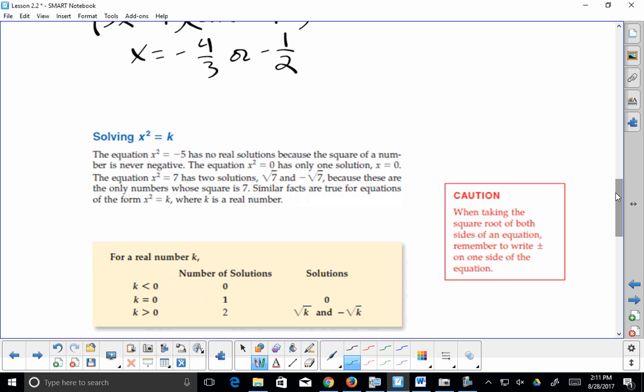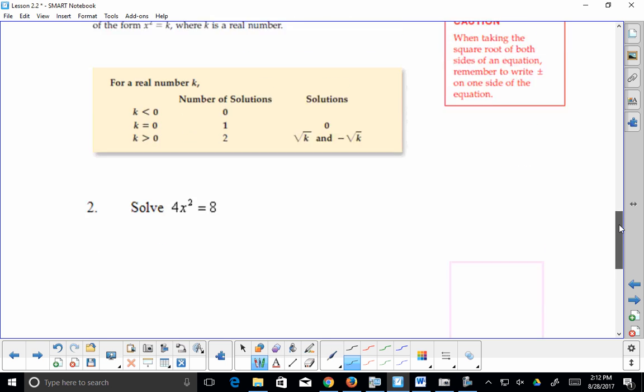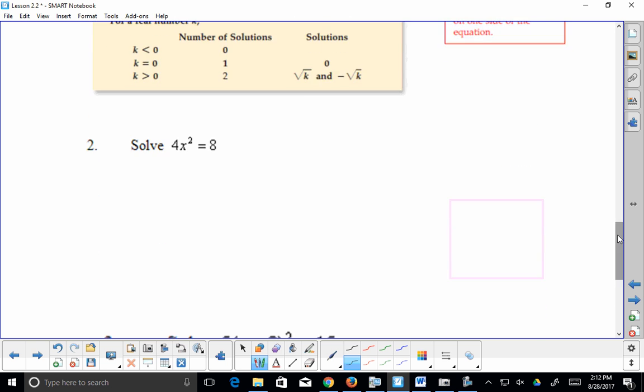Solving x squared equals k. A reminder is that we're either going to get one solution, or you could get two solutions, or there would be no real solution. We cannot take the square root of a negative number, so those would give us non-real solutions. You're going to want to say that there are no real solutions, and I would like to see the i's in the answers when you have those. So we have 4x squared equals 8.